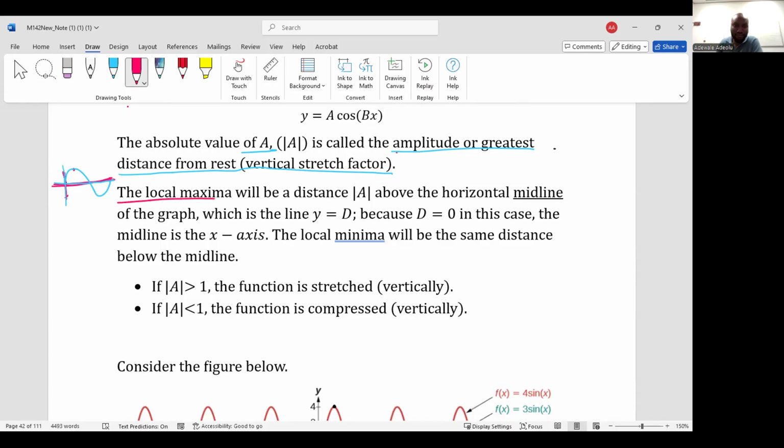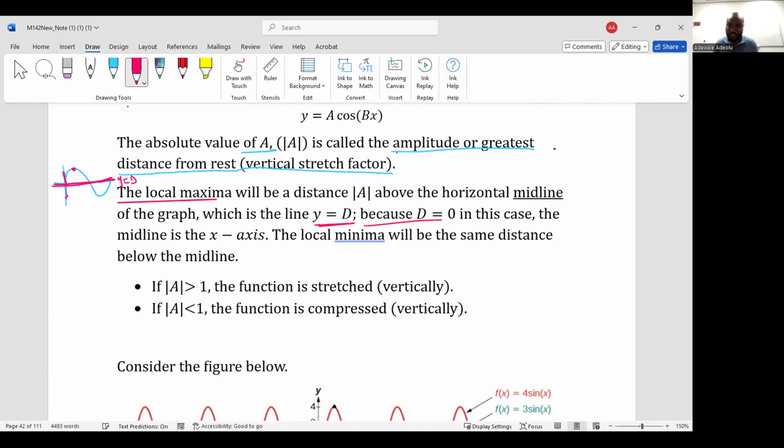The local maxima will be a distance above the horizontal line that I just showed you, which is the line y equals d. We call this the rest line, y equals d. In fact, we have introduced d, but I will not talk about it for now.